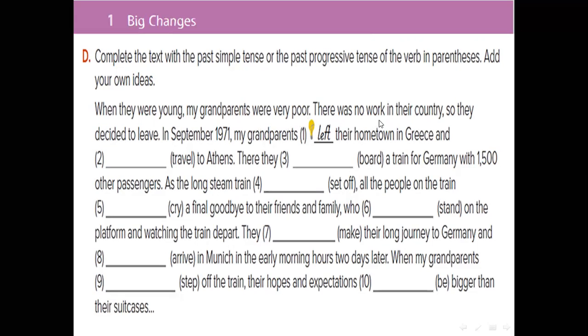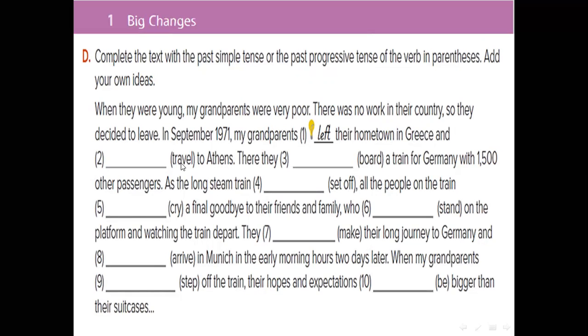There was no work in their country, so they decided to leave. In September 1971, so it's in the past form, okay? My grandparents left their hometown. Left is the past form of leave. Increase and travel to Athens.